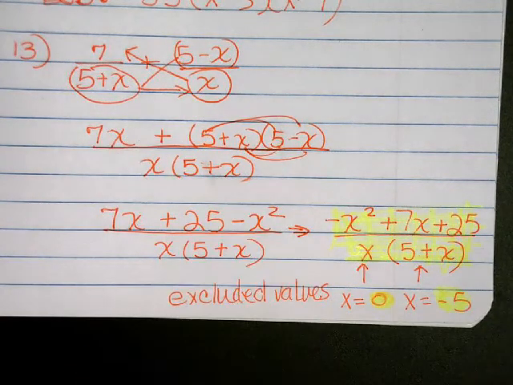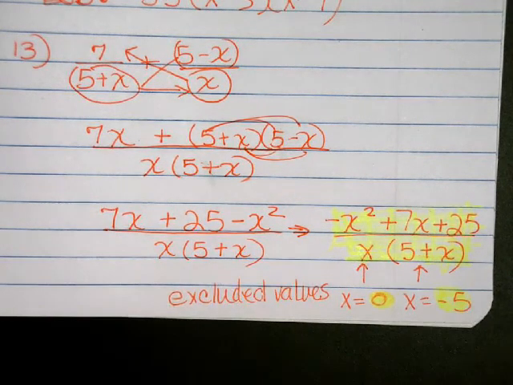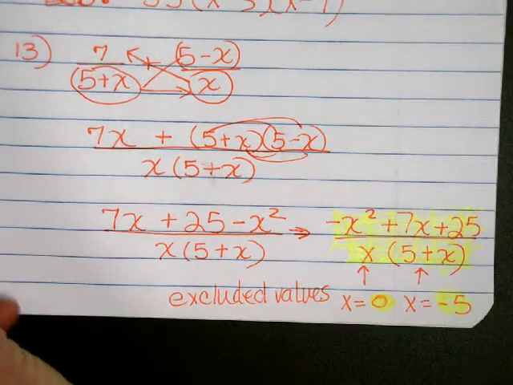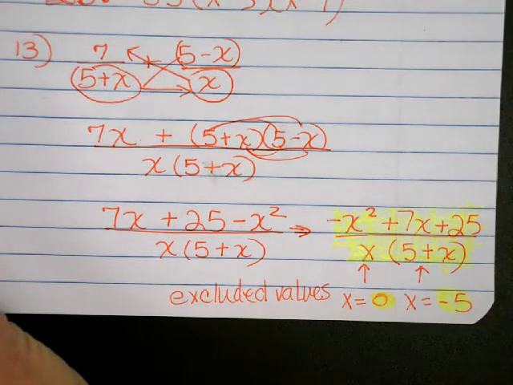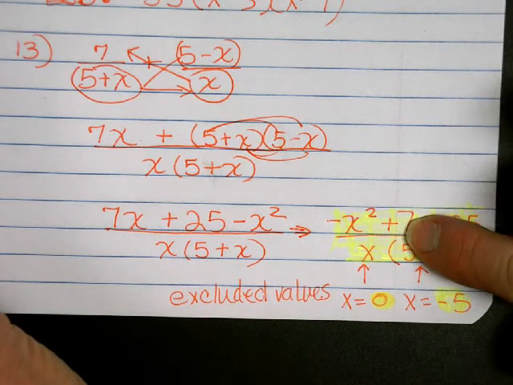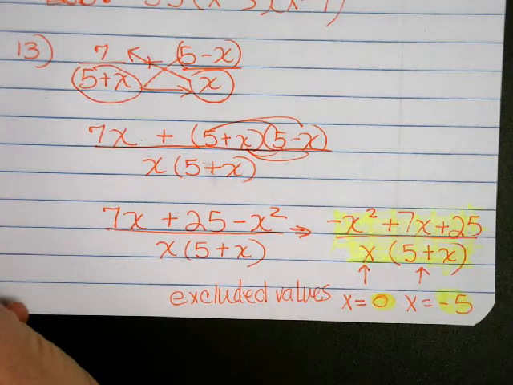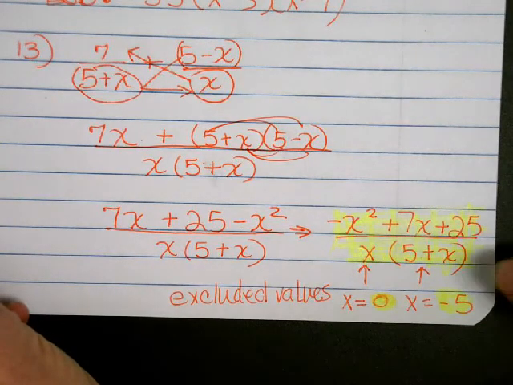So that is why we've been doing everything up to this point. Found the excluded values, found the LCD, and we used our prior work with polynomials to be able to multiply, combine like terms, write in standard form. If we had to, we could simplify this, but there's no factors of 25 when added give me 7 that I could factor this polynomial and do more canceling.